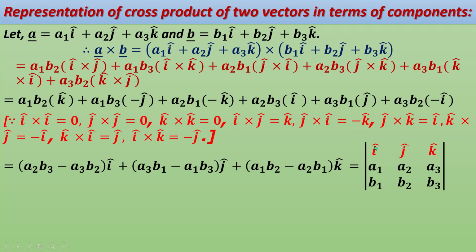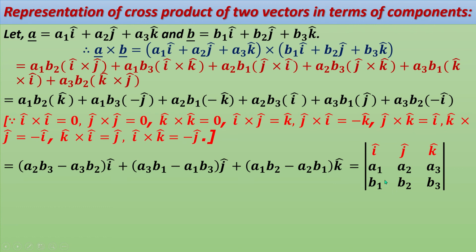When we take i vector, we omit its row and column, so a2 b3 minus a3 b2. Similarly, for the second part, when we use j vector the sign will be minus, but as we have used plus here, we start with this line first, then this line, that means a3 b1 minus a1 b3, and k vector, omitting this and this, a1 b2 minus a2 b1.